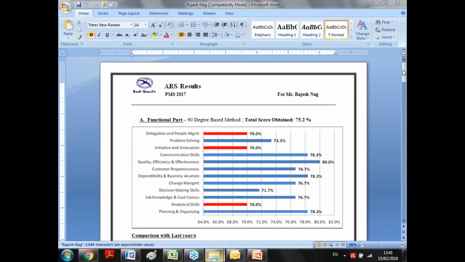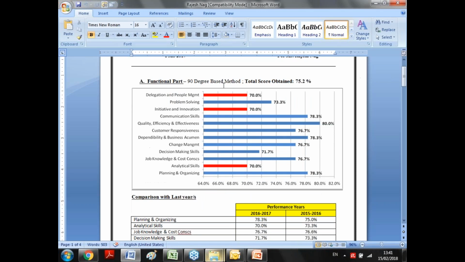You can see that this person XYZ has his functional aspects evaluated on the 90-degree based method, in which various aspects of his functional competencies, functional anchors, customer responsiveness, dependability, change management are being rated by his direct supervisor, and he has got some scores on different parameters and an overall score as well.